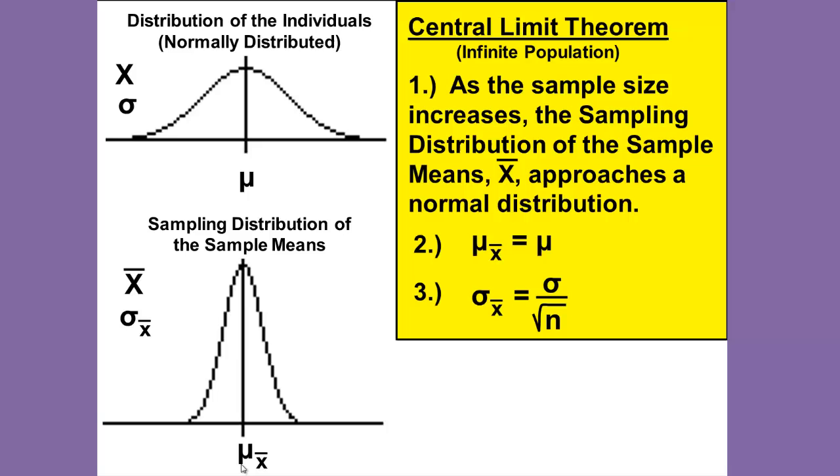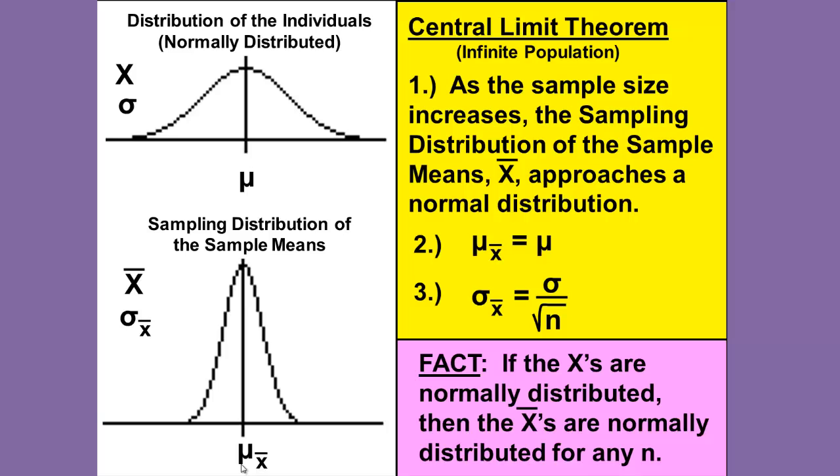In other words, it narrows up our distribution, and therefore our standard deviation is smaller, and we can find that smaller standard deviation by taking the population standard deviation and dividing by the square root of n. And our fact, which is if the x's are normally distributed, then the x bars, or the sample means, are normally distributed for any n, regardless of size.